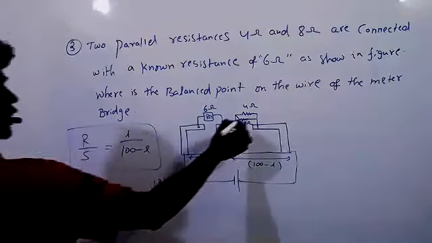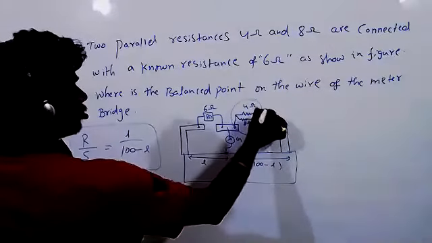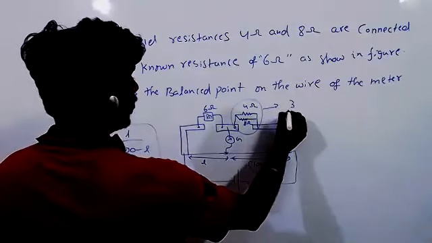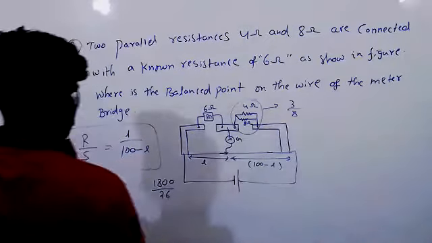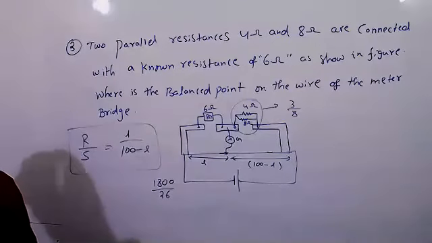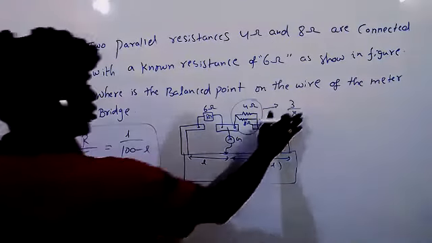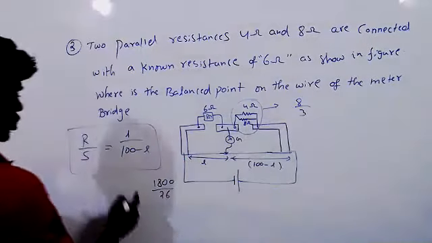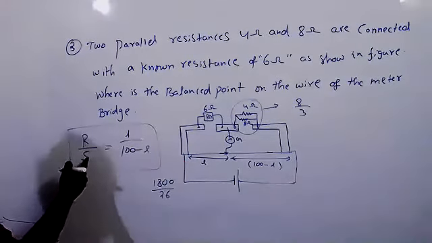How much did you get for this? 3 by 8, or 8 by 3? 3 by 8, sir. No, sir, 8 by 3. Yeah, 8 by 3 it is. So S is 8 by 3.